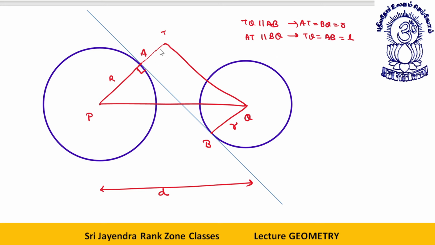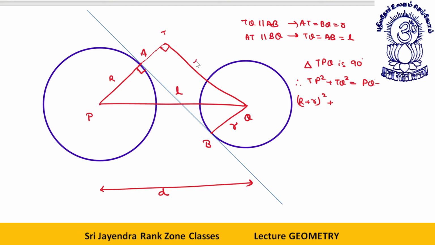Now since these two are parallel, this angle will be 90°. Triangle TPQ is a right angle triangle. Therefore, TP square plus TQ square will be equal to PQ square. TP is R plus r, squared. TQ is equal to AB, which is L, the length of the tangent.